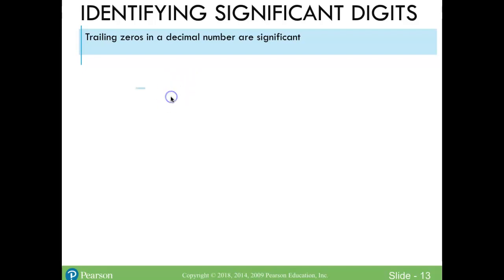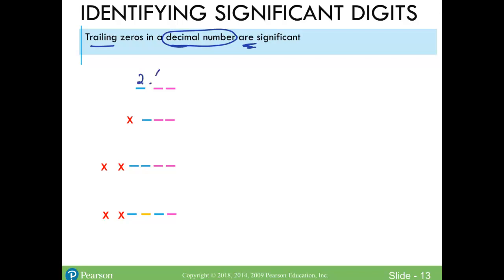Now notice, this one is not just saying trailing zeros. It's saying trailing zeros in a decimal number. So with this rule, they are significant.